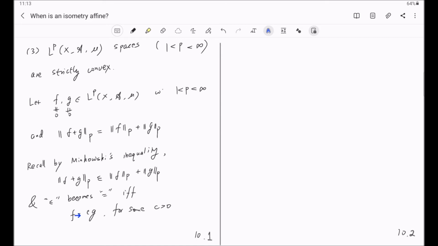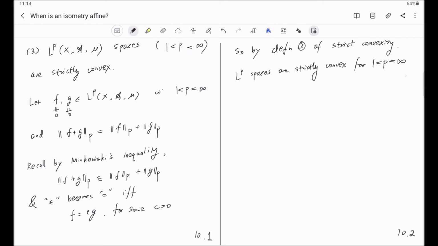And the equality here should be considered as essential equality, namely, it holds mu-almost everywhere. So, by the definition number 3 of strict convexity, Lp spaces are strictly convex for p greater than 1 and less than infinity. And this completes this example.